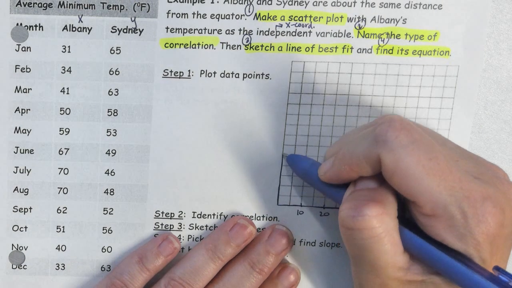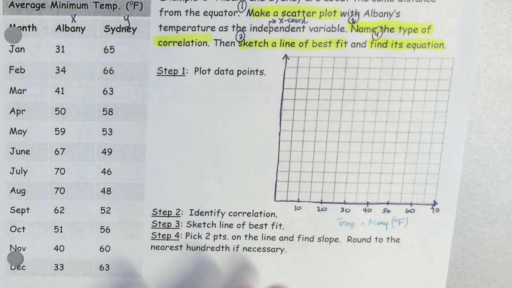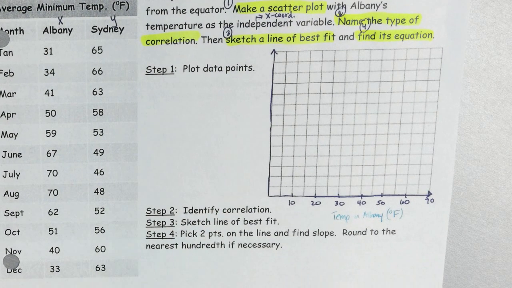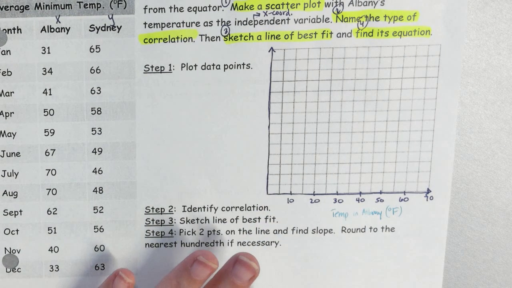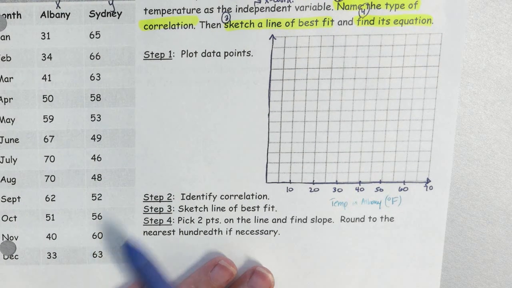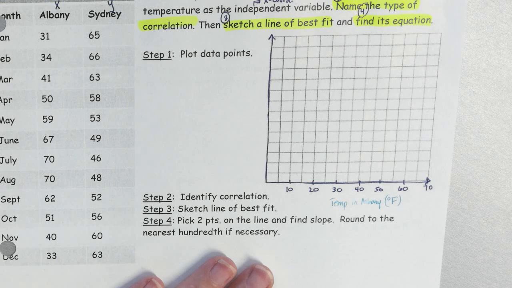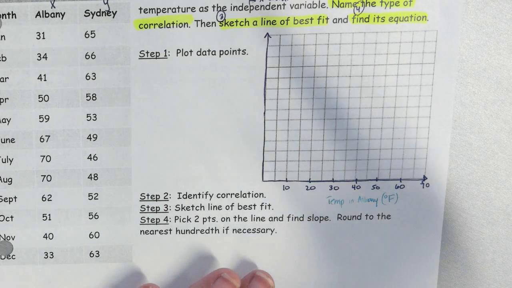Now remember, your scales do not have to be the same. It just depends on what the values are. Okay, and if you were doing this on your homework on graph paper, you could also use the little indent. If you wanted to start at a different value, that's fine too. So here, my lowest one is in the 40s and then going up to upper 60s.